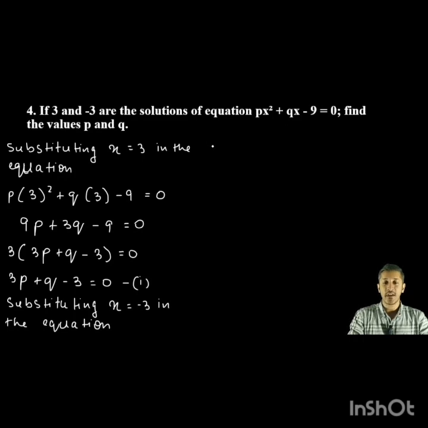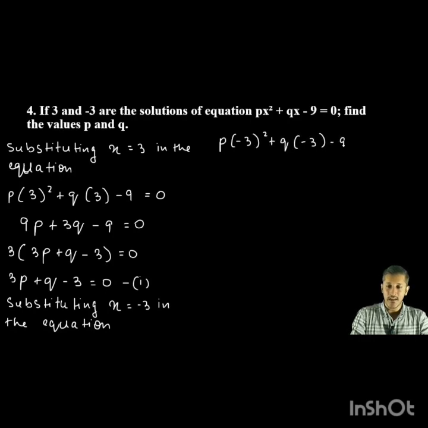The equation would become p times minus 3 squared plus q times minus 3 minus 9 equal to 0. So this will become 9p minus 3q minus 9 equal to 0. Again we can take out 3 common. So we'll get 3 bracket 3p minus q minus 3 equal to 0.